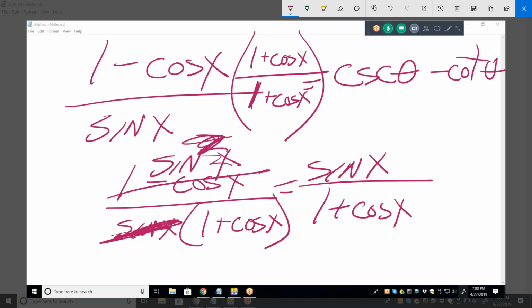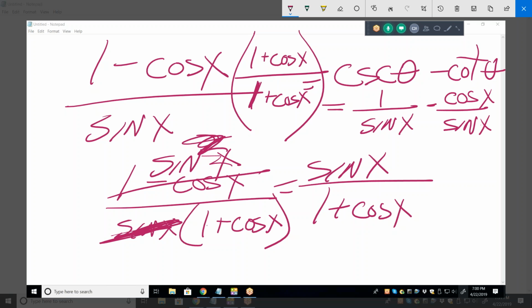Now, notice what the right side is. It's 1 over sine x minus cosine over sine. So 1 minus cosine all over sine.